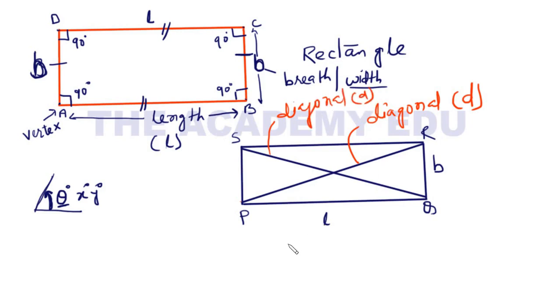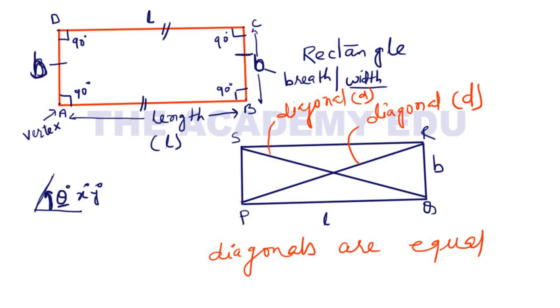So what happens in the case of a rectangle, this PR and SQ are both the same. So diagonals are equal. Okay. So let's move to its properties now. What are its properties?